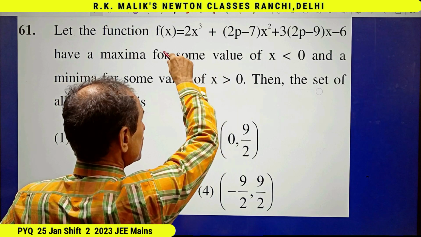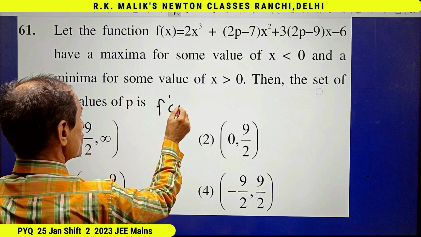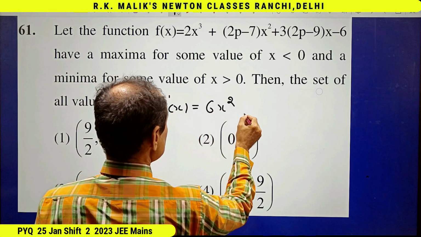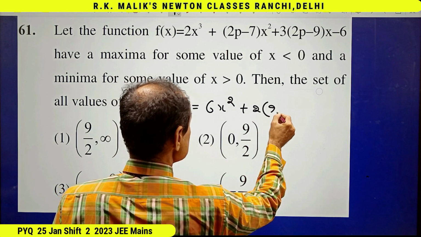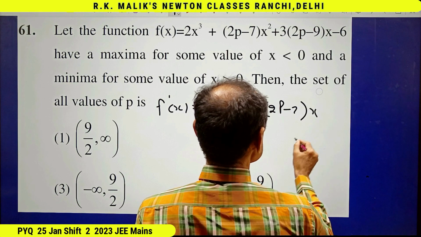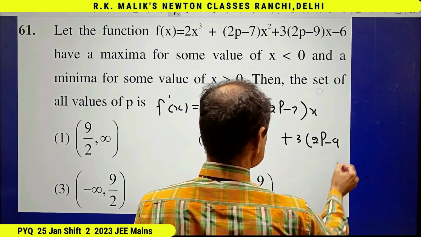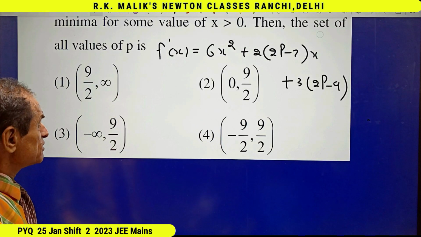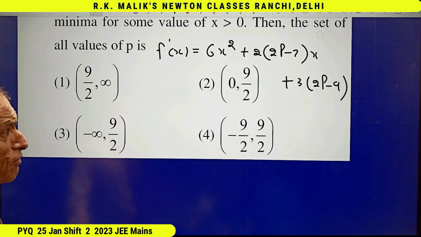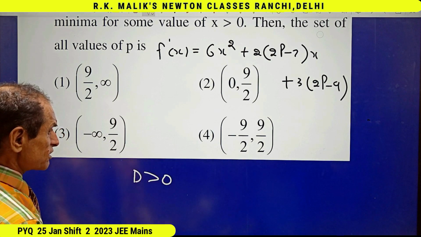Let us first find the derivative of this equation. Clearly, f'(x) is equal to 6x² + 2(2p − 7)x + 3(2p − 9). And as I just told, for one point of local maxima and one point of local minima, D should be greater than 0.